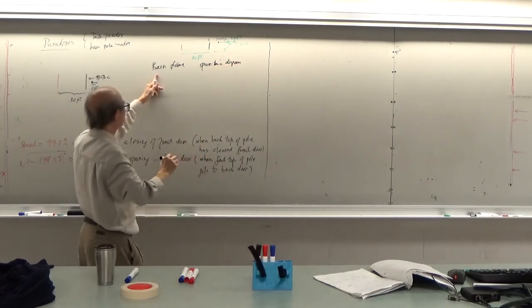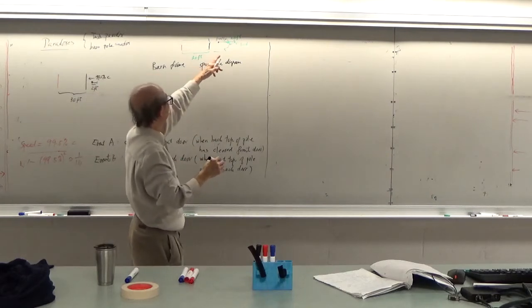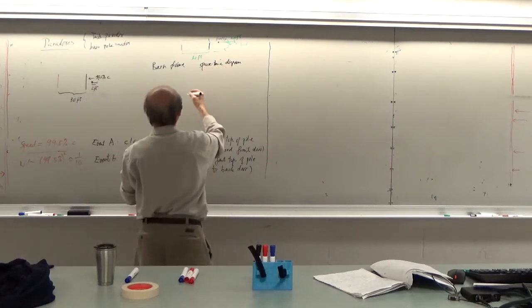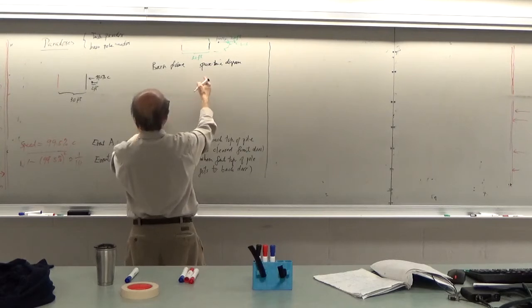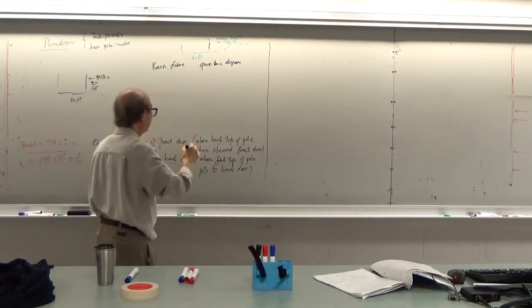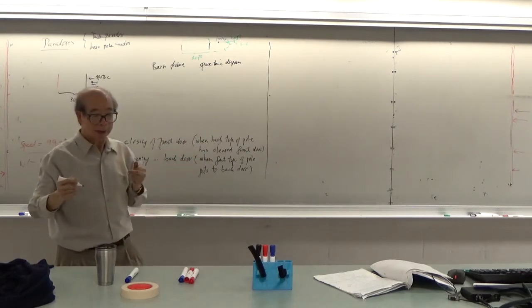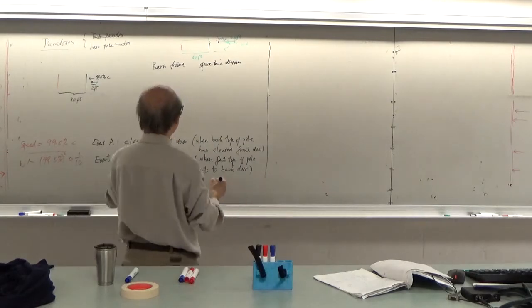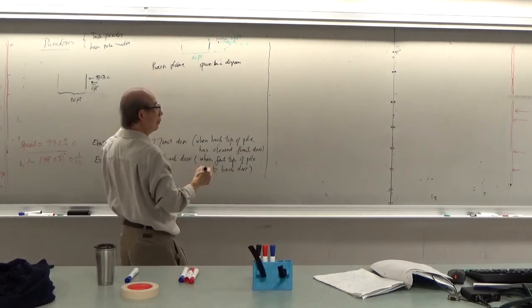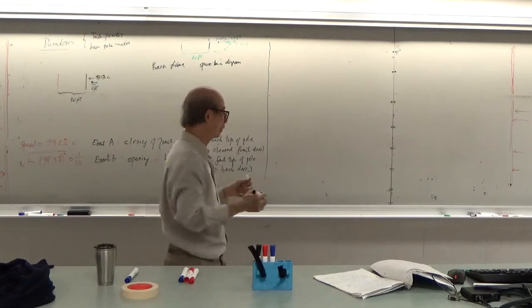One in the barn frame and the other one in the rocket frame. In this frame, it is customary in the study of special relativity to plot time vertically and space horizontally.